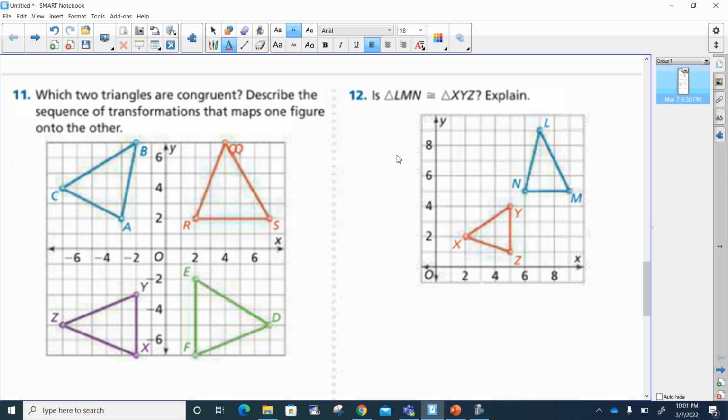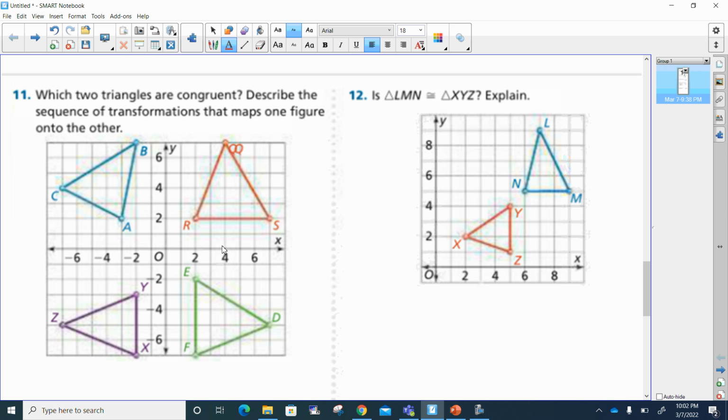All right. Well, I know that this side here from R to Q goes up 1, 2, 3, 4, 5, and over 2. So it has a slope of 5 over 2.